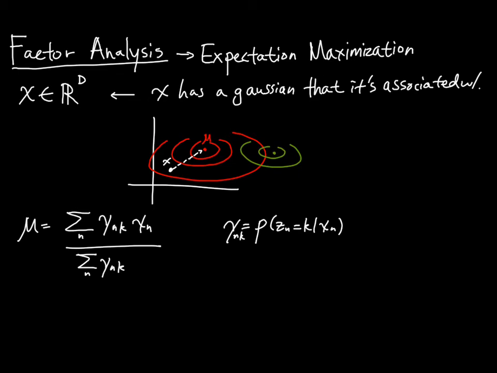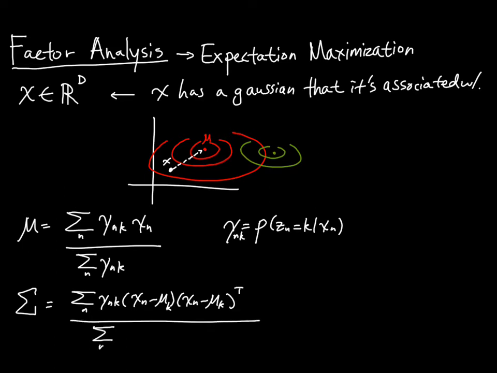And what we had before from our GMM was that sigma, the covariance, is equal to the summation of γ_nk (x_n minus mu_k)(x_n minus mu_k) transpose divided by the summation of γ_nk, right? Okay, so this gives us a d by d dimensional matrix, right?